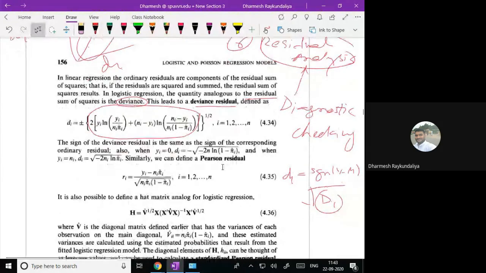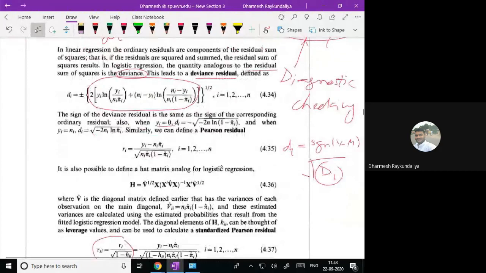So y can take two possible values: either y takes value 0, because now y is a count, or y takes value ni. If it is ungrouped data, it takes only 0 and 1, and then instead of ni I have to write 1. If I take y equal to 0, this part will vanish. So the contribution is ni into ln, ni cancels out, and 1 upon 1 minus pi i.